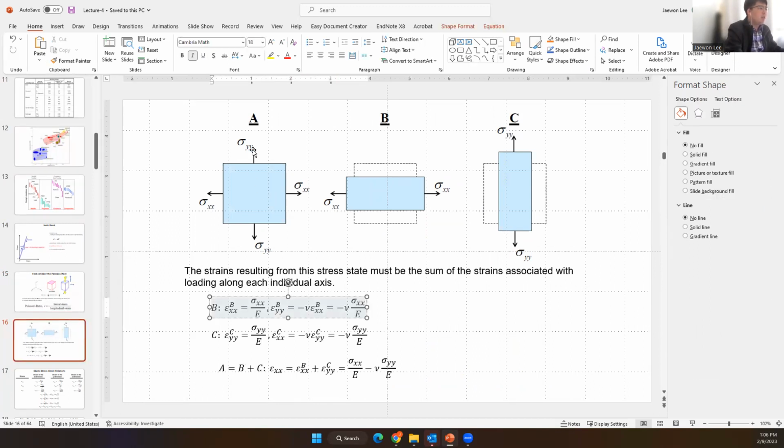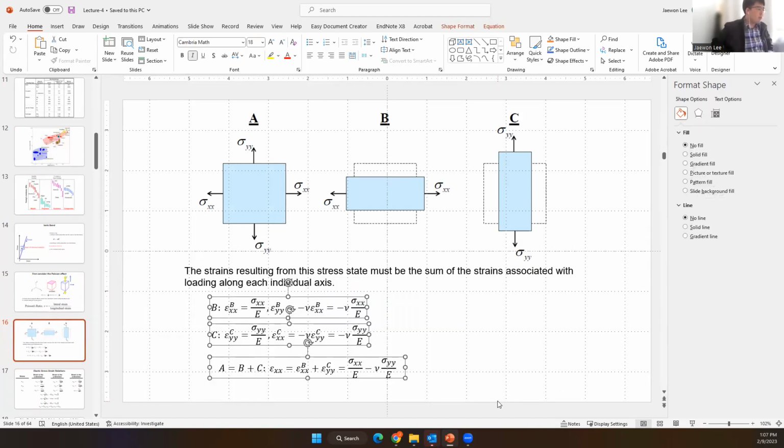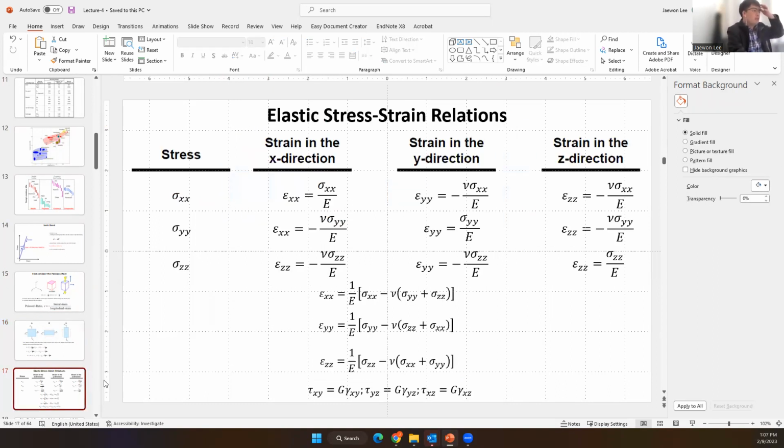If we apply stress in the YY direction or XX direction, we can predict or calculate the strain based on the Poisson ratios. I think it's already explained before, so I'd like to skip it. So these are the Poisson ratios.